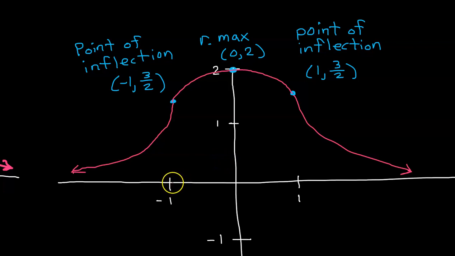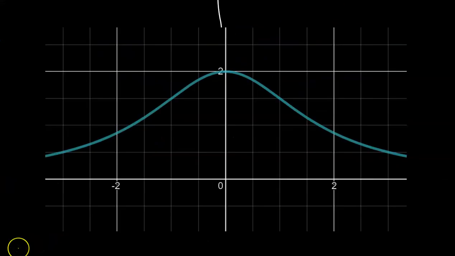Let's finish this off with a quick glance at the real graph. So as you can see, the actual graph matches up perfectly with what we predicted. We've got the relative max here at 0, 2.